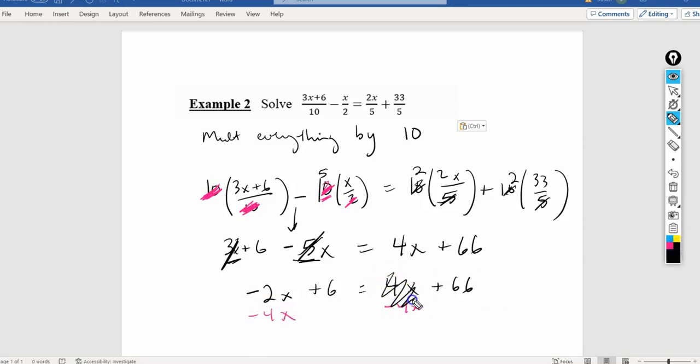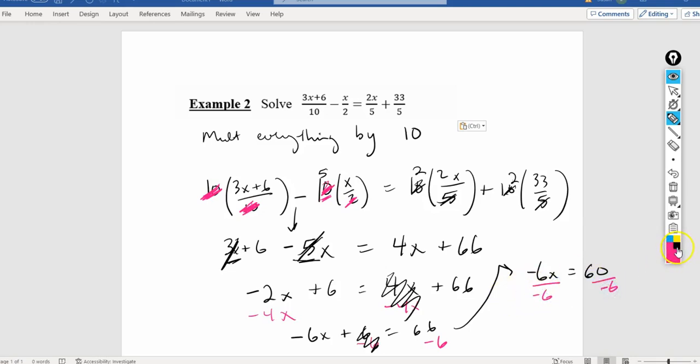So if I subtract 4x from both sides, negative 2x minus 4x is negative 6x. And then subtract 6 from both sides. So that will cancel, and I'll have negative 6x equals 66 minus 6 is 60. And now to solve for x, to get x by itself, I'm going to divide both sides by negative 6.